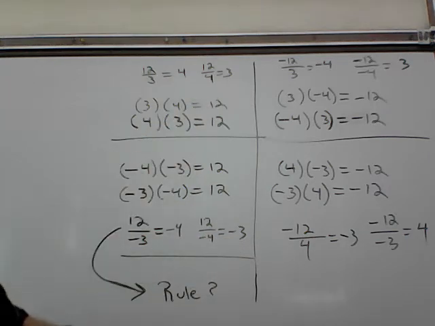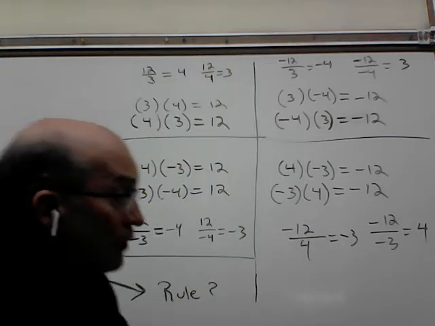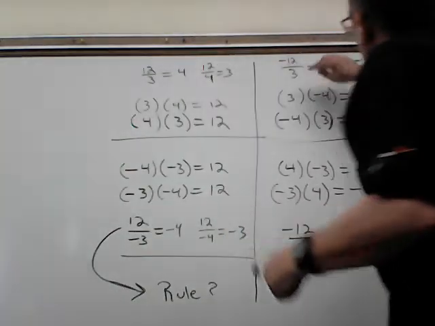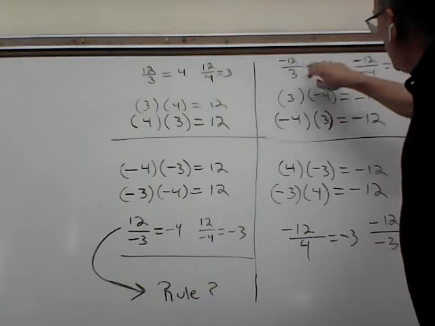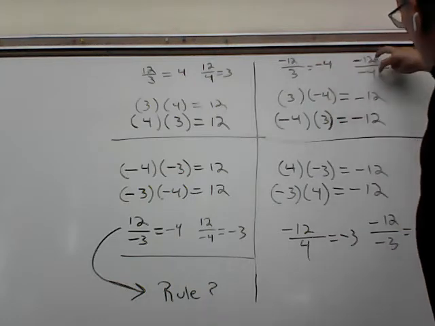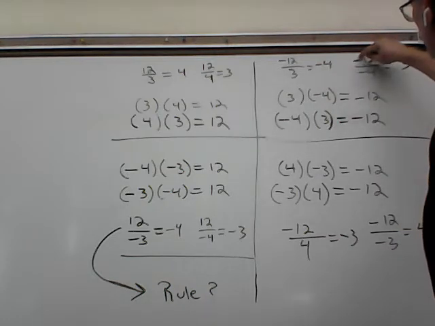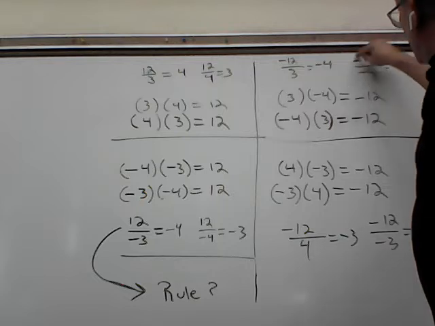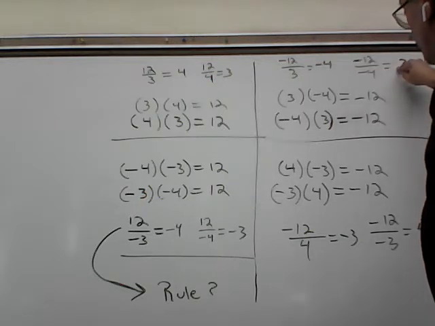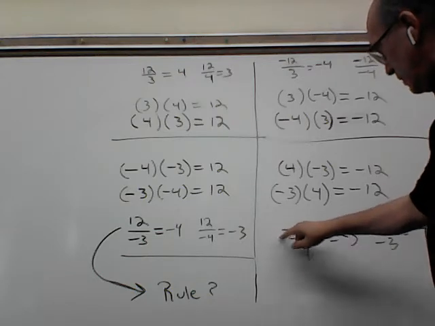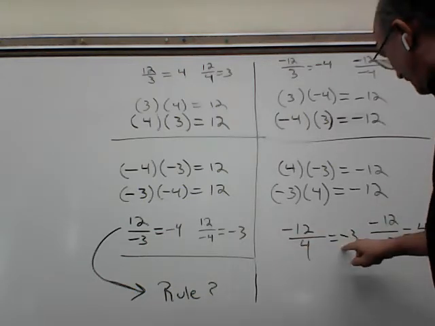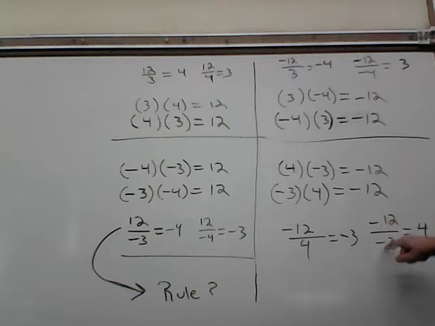We move up to the right side over here. Negative 12 divided by 3, signs are different, the answer is negative. Here we have negative divided by negative, the signs are the same, so the answer is positive. Here we have different signs, negative divided by positive, so the answer is negative. Here we have the same signs, negative divided by negative is positive.